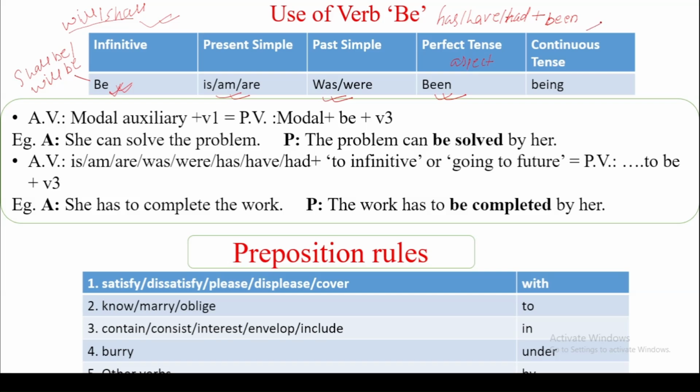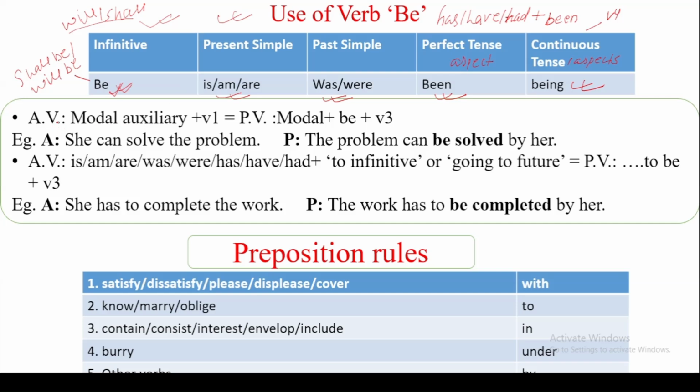If there is continuous aspect, we use being as verb be. So this table of verb be should be remembered.